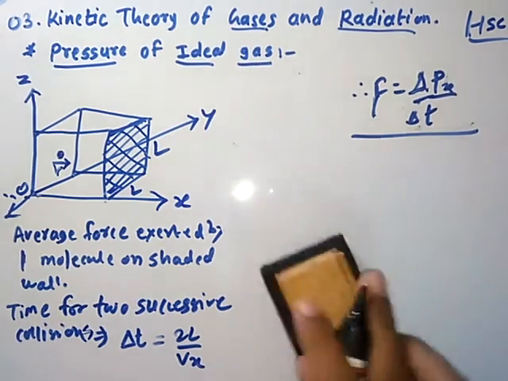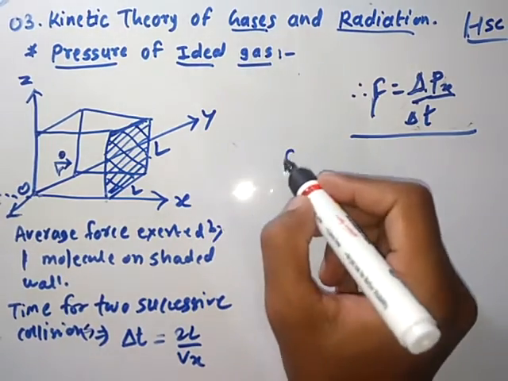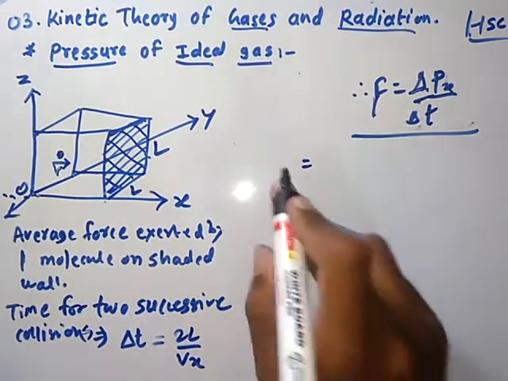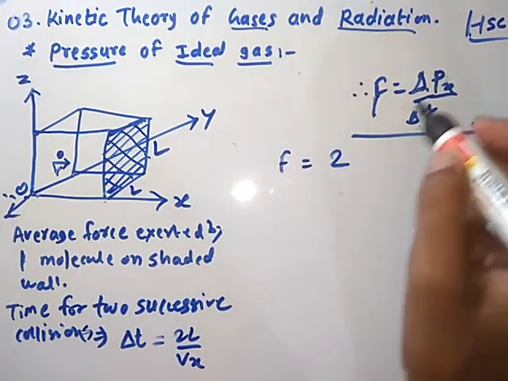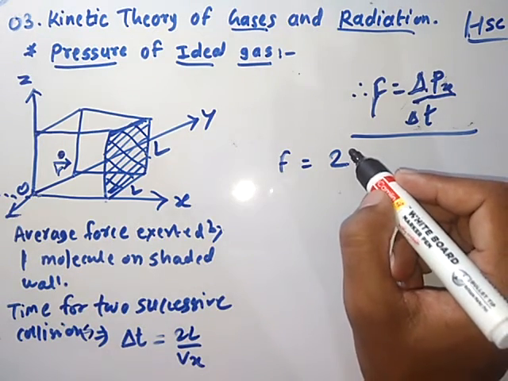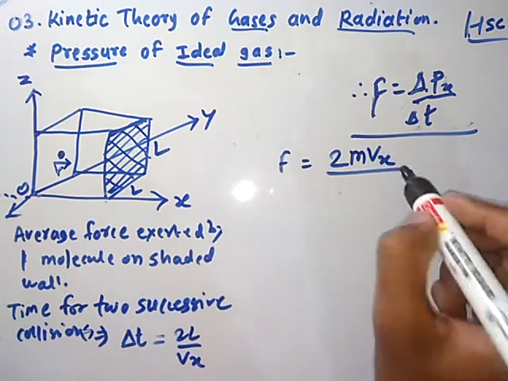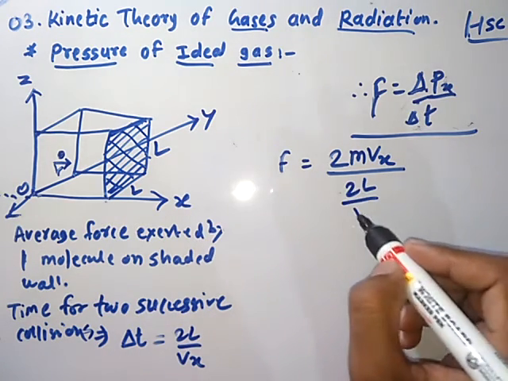Now we have all our values. For average force calculation, we put F is equal to average force, which is delta Px, the change in momentum, divided by delta t. We calculated already by equation 1 that it is 2 m vx, and delta t is equal to 2l divided by vx.